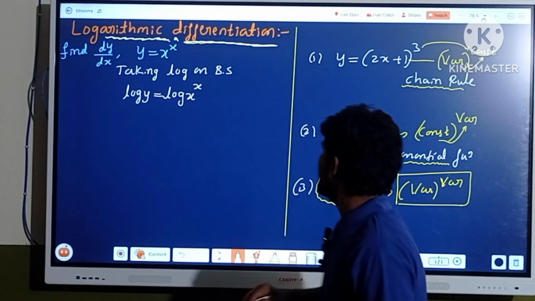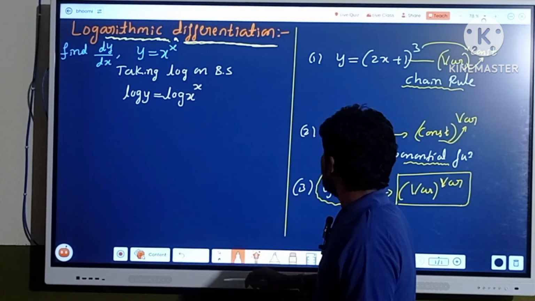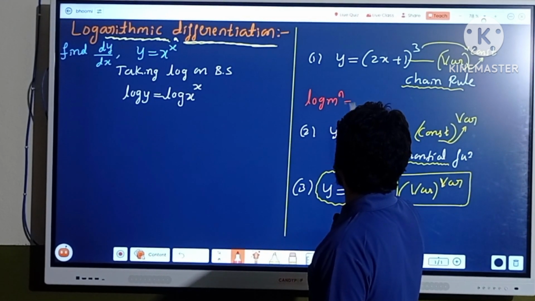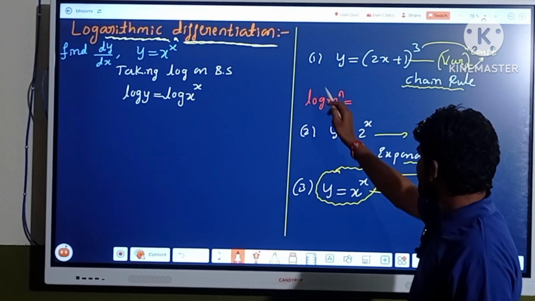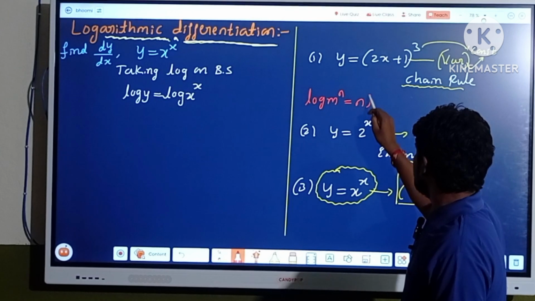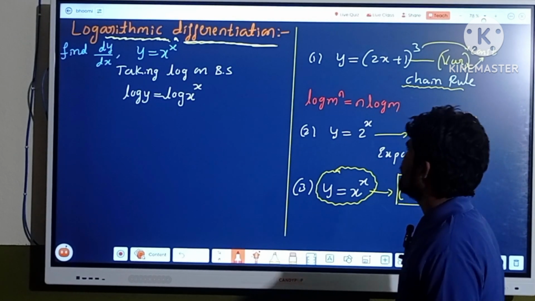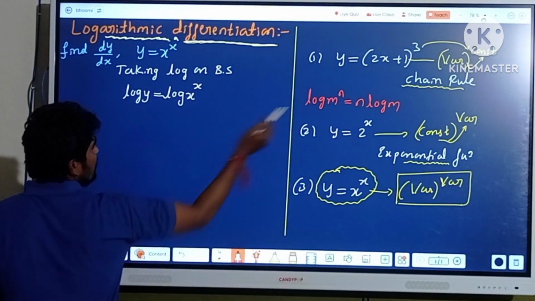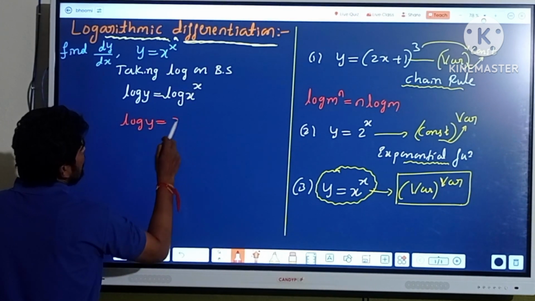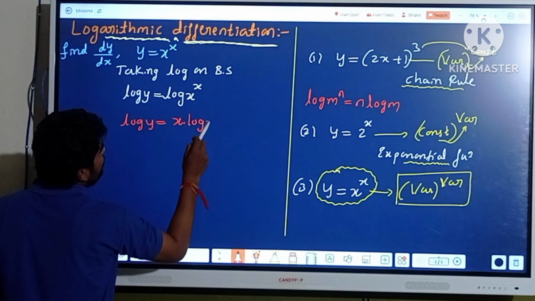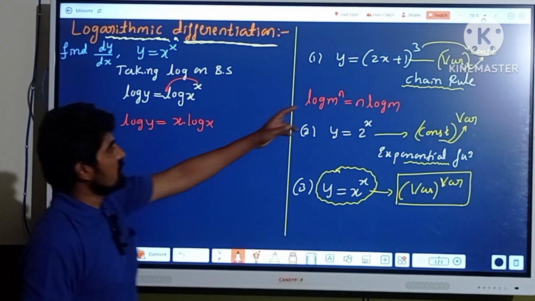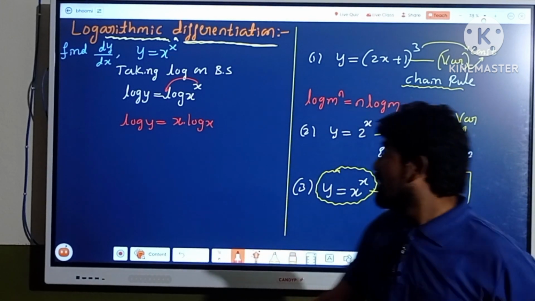It is of the form log m power n. The property of log says that log m power n equals n log m. Therefore, by using this property, log y equals x into log x. So x goes into multiplication with log x by using this beautiful property of log.